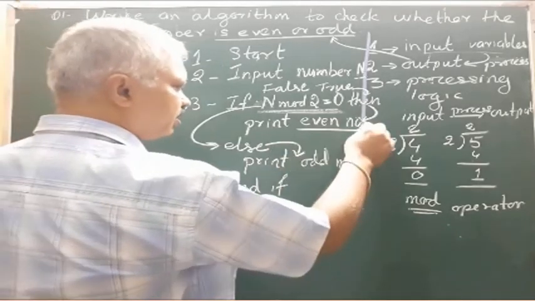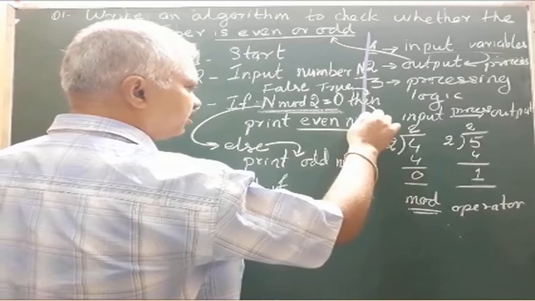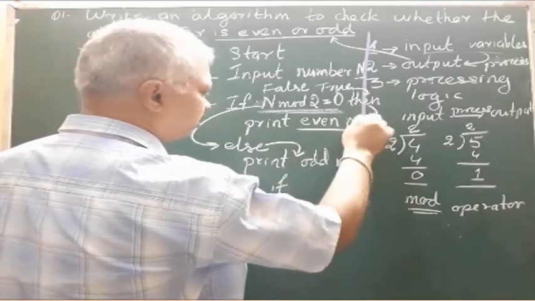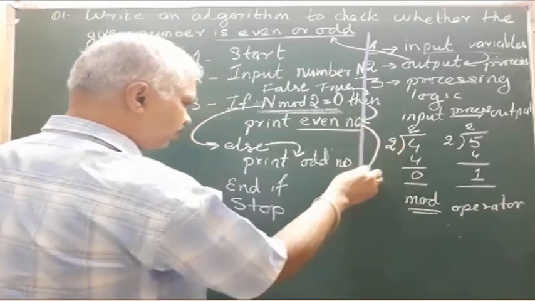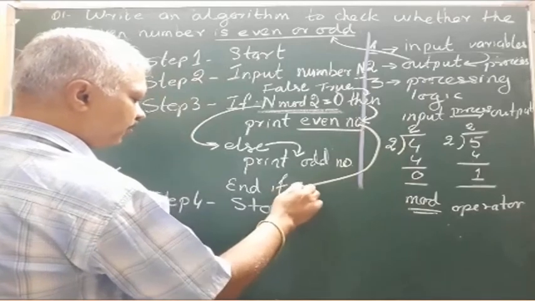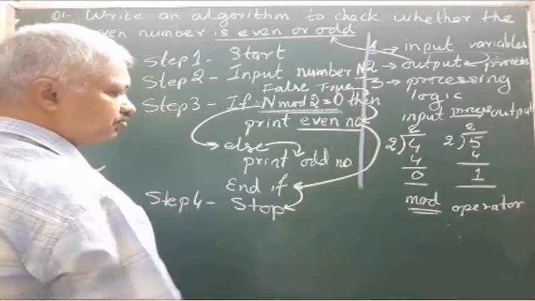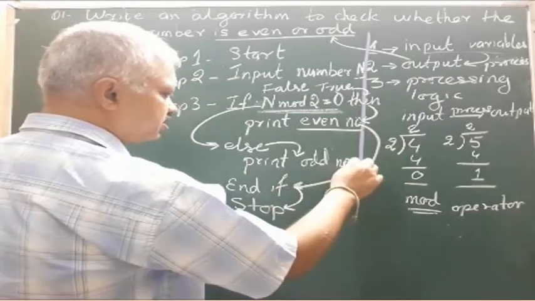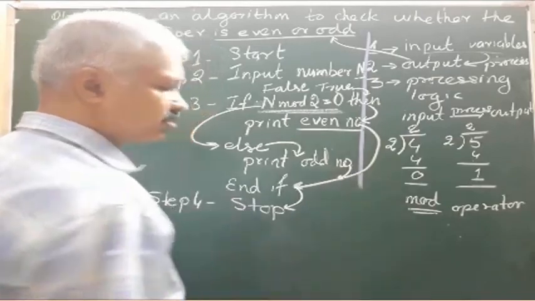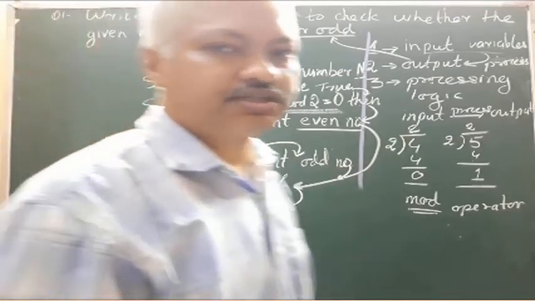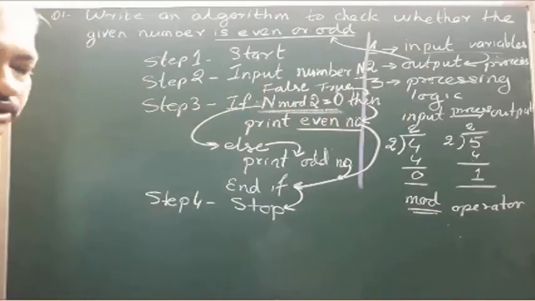Once it is printed, it will not come to else, it will directly go from here to end if, and then come to stop. Here also the same process. So I hope you have understood this. If any doubt, you can ask me.